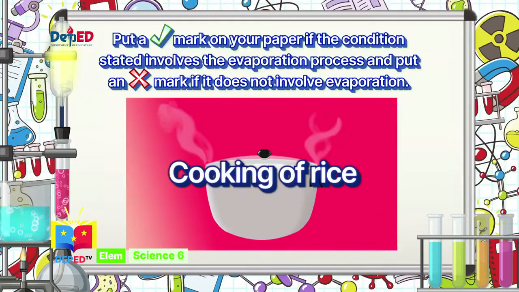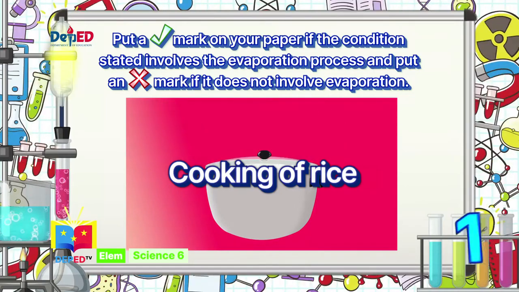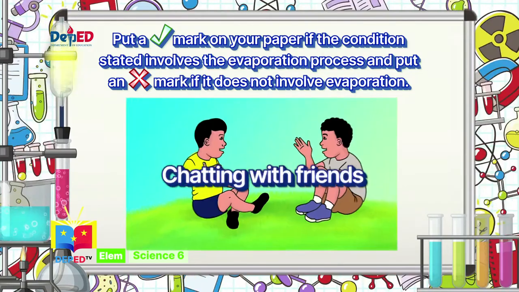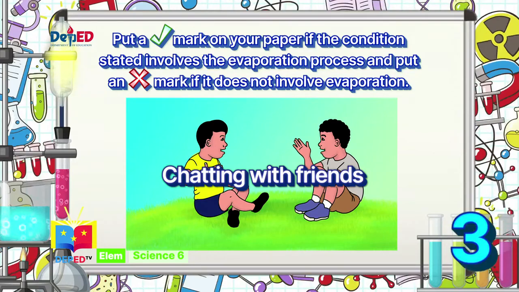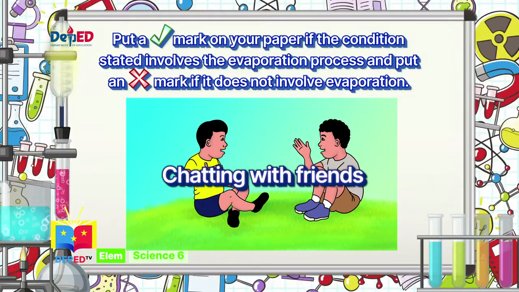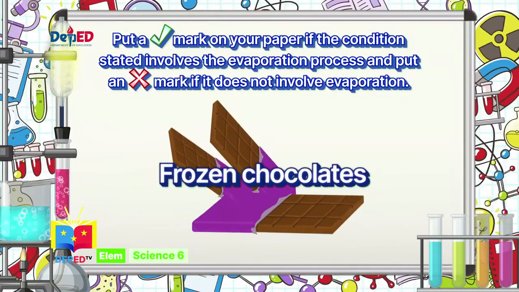Number 1. Cooking of rice. The correct answer is check. Number 2. Chatting with friends. The correct answer is X. Number 3.